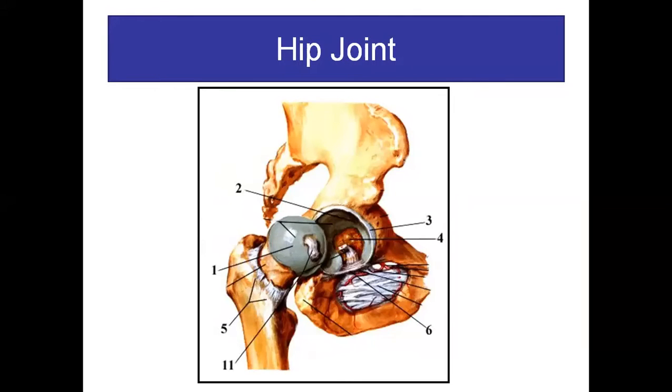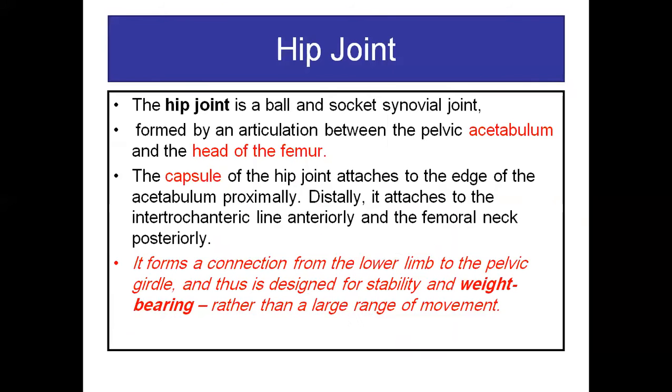Hip joint. The hip joint is a ball and socket synovial joint. The articular surfaces are the head of the femur and the acetabulum.